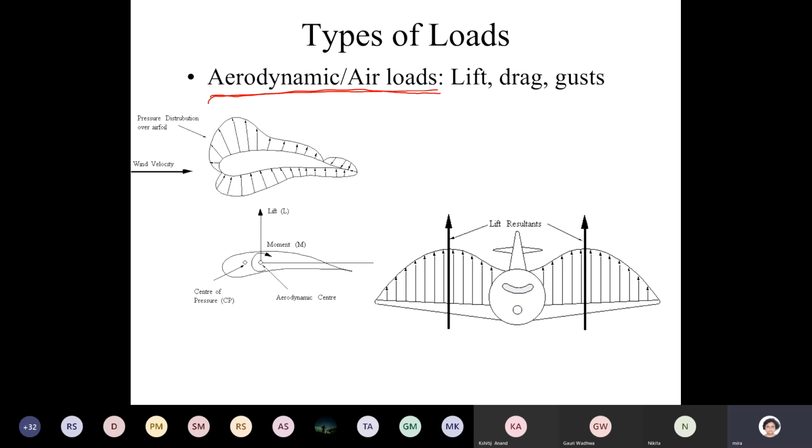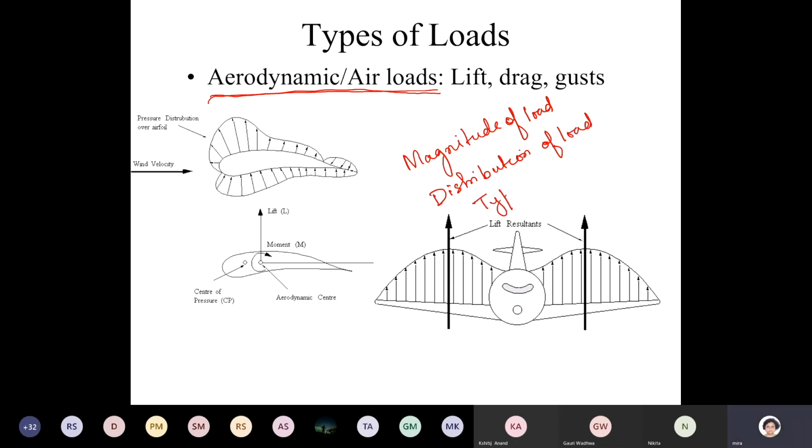So once we know the load, not only the magnitude of the load, we also need to know the distribution of the load, how the load is being distributed over the structure. That also becomes important. So we need to know the magnitude of the load, the distribution of the load, and the type of load.